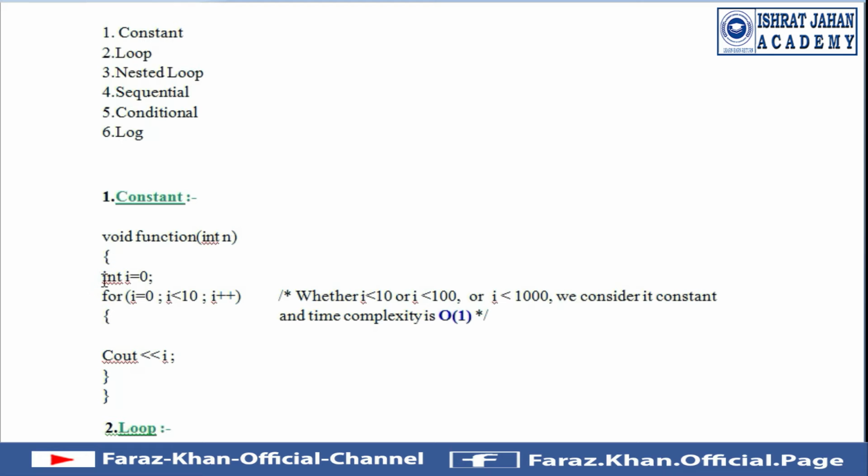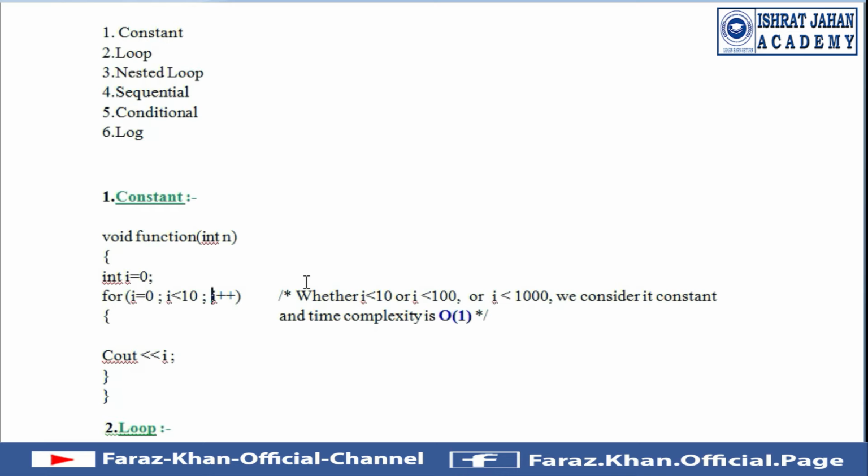So in the given code, I have initialized i equal to 0, and the loop i equal to 0, i less than 10, i plus plus, which means this loop will run 10 times, from 0 to 9.